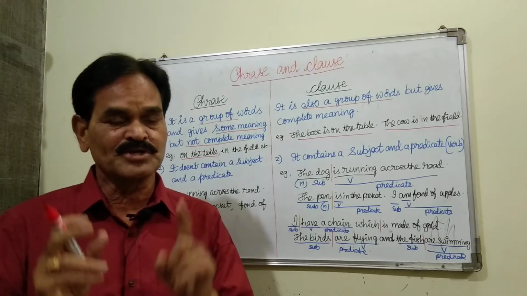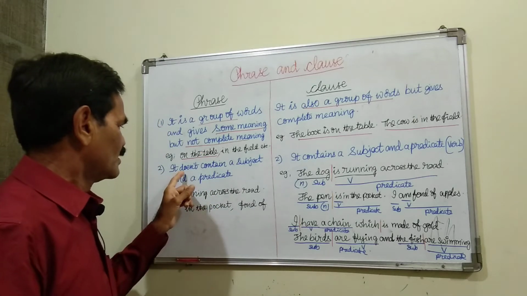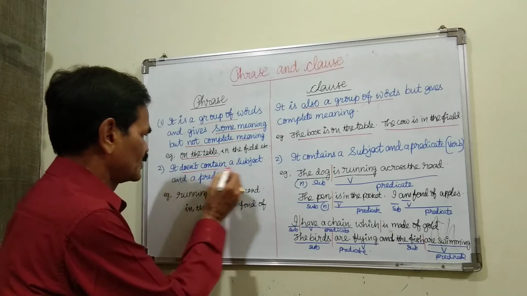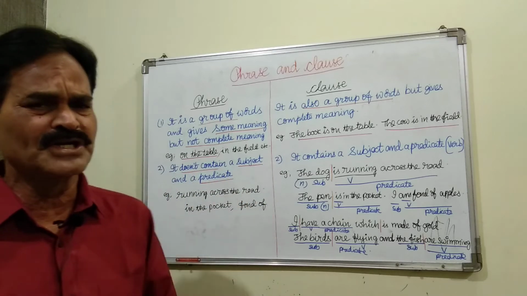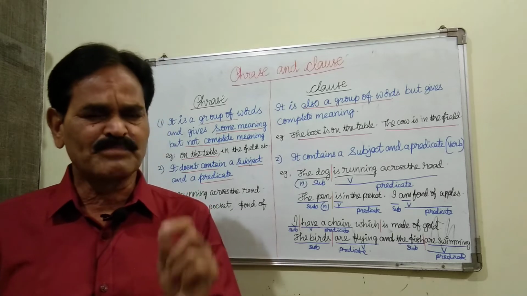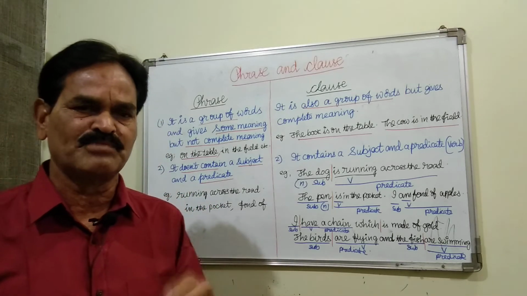But the main difference between a phrase and a clause is that a phrase doesn't contain a subject and a predicate. I have already explained in the previous video what is a subject and what is a predicate.